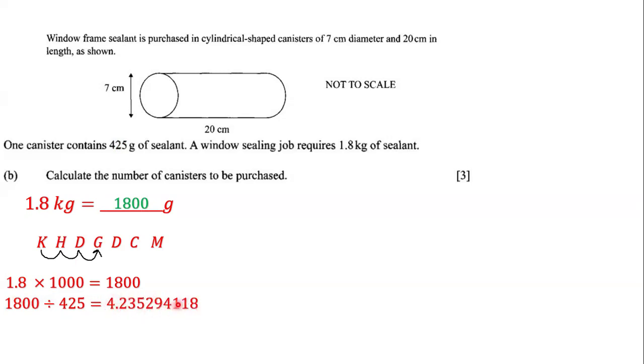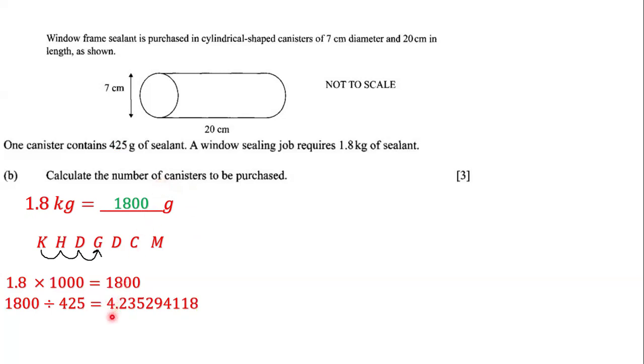But they ask us for the number of canisters to be purchased, so our answer has to be a whole number, but currently we have a decimal.